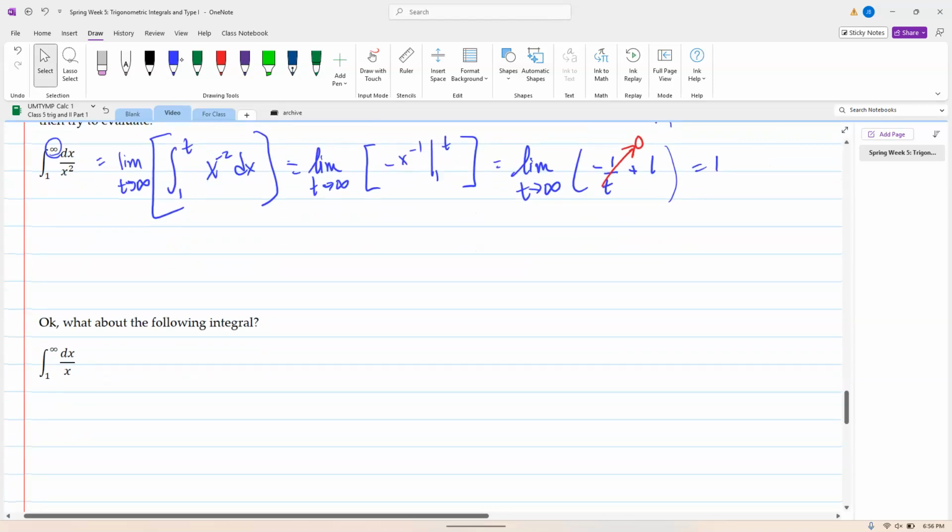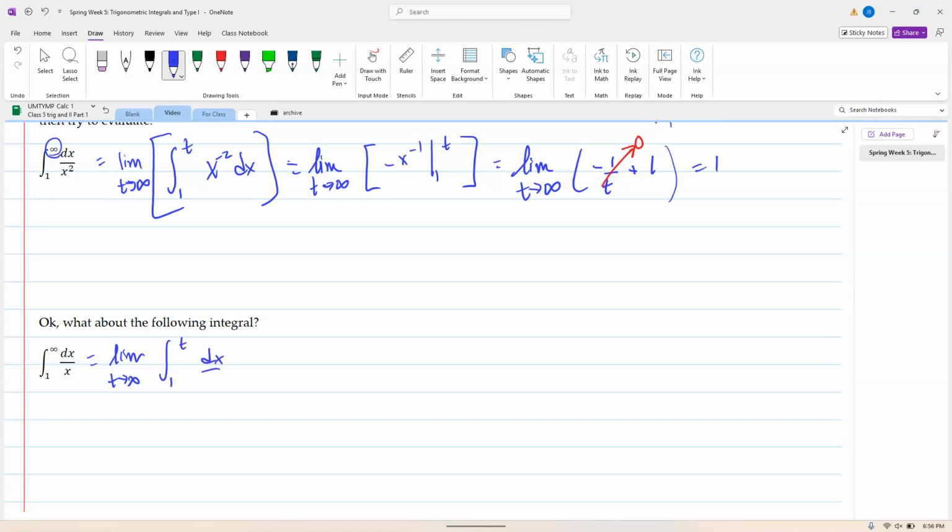Okay, what about this one? Change the function a little bit, same idea. It still goes towards 0 quickly, not as quickly as 1 over x squared. All right, so let's try the same strategy. We're going to do the limit as t goes to infinity of the integral from 1 to t of dx over x.